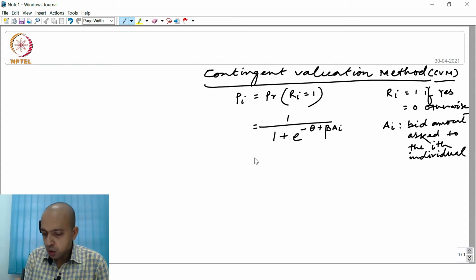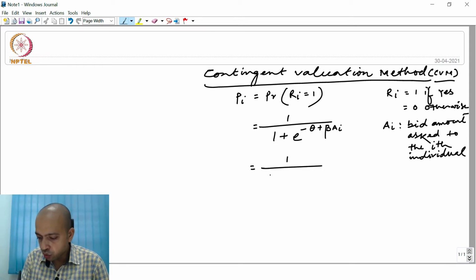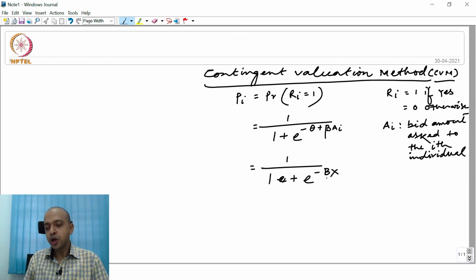Now the paper I would like to share with you for your better understanding of empirical estimation. What they have derived in their paper is 1 by 1 plus e to the power minus beta x. Now here B, capital B, and X are all vectors.